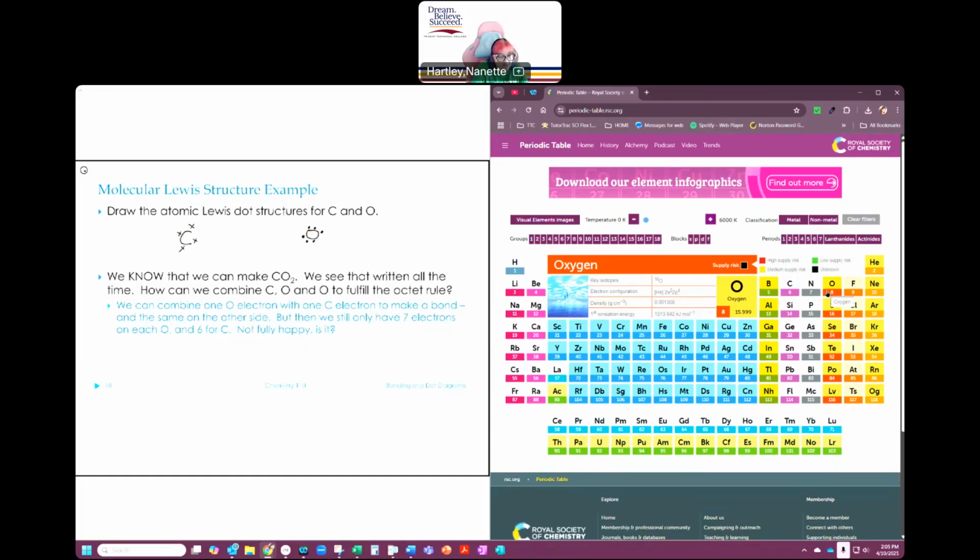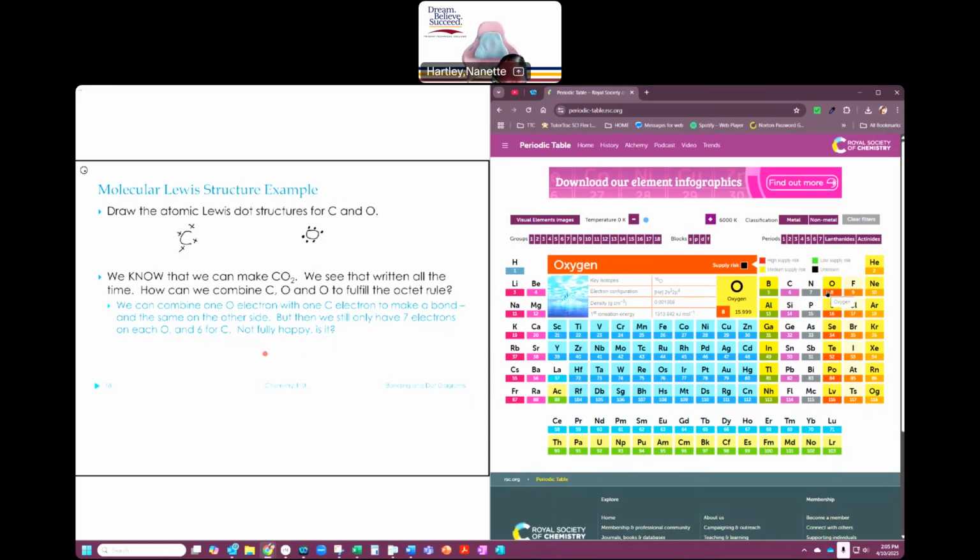I can also have C and O in a number of different ways. So how can I combine C, O, and O to fulfill the octet rule? I can combine one O electron and one C electron to make a bond, and the same on the other side. So how might that look?